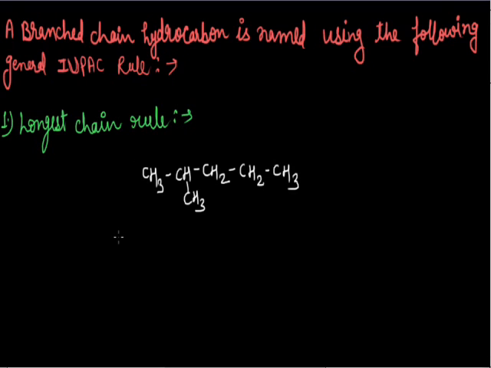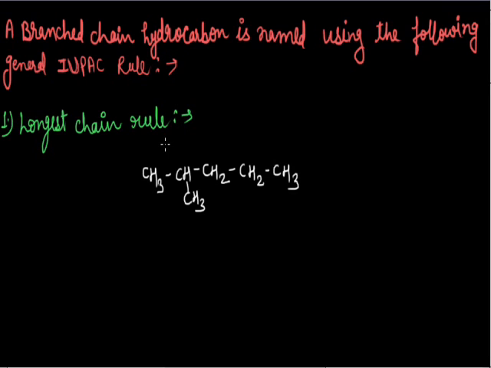Suppose we have that type of organic compound and we have to name it, then firstly we will choose a long carbon chain, or we can say our longest carbon chain. When we follow this rule, it is known as the longest chain rule.